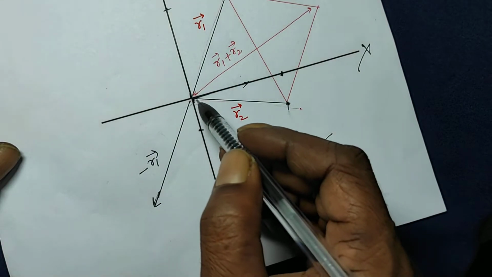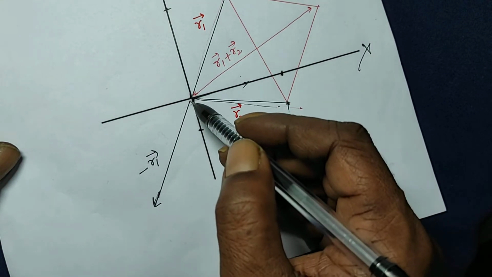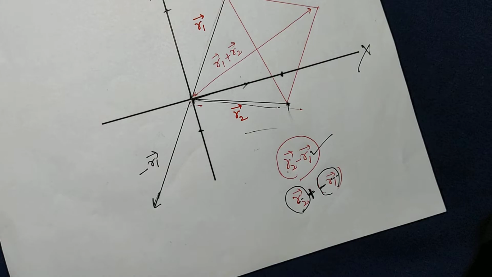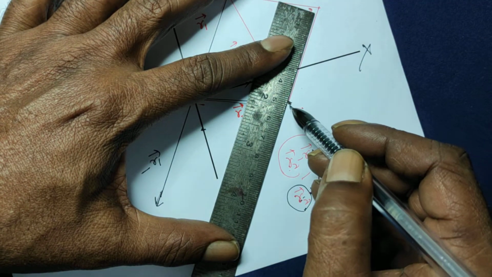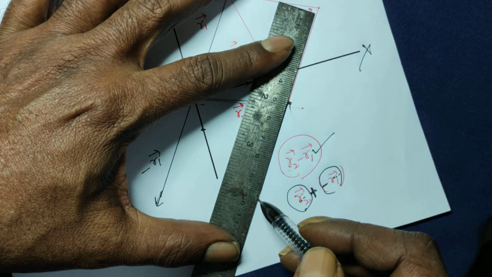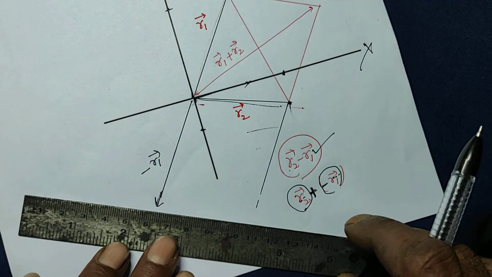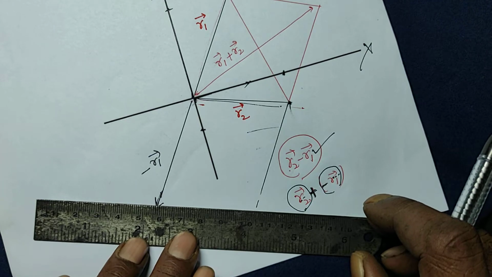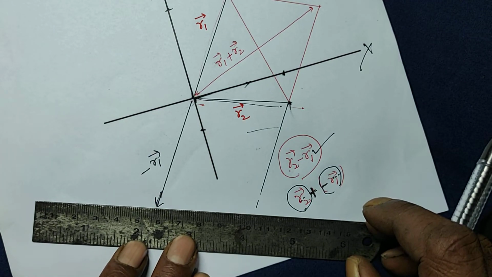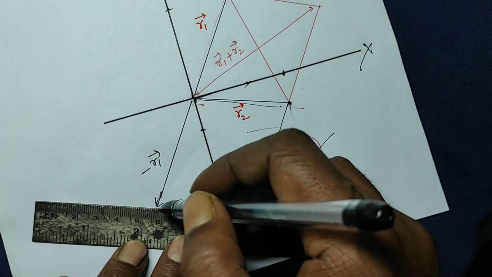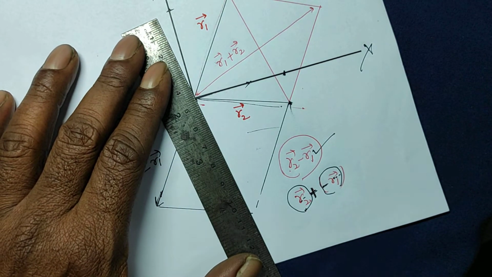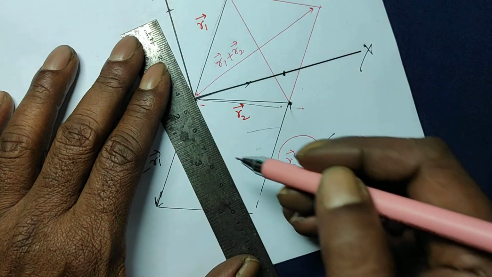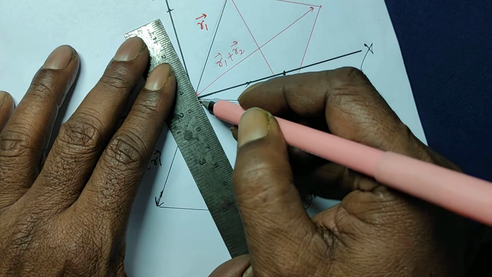Now the resultant of R2 with minus of R1, if you construct a parallelogram, it will be this one, from here to here.